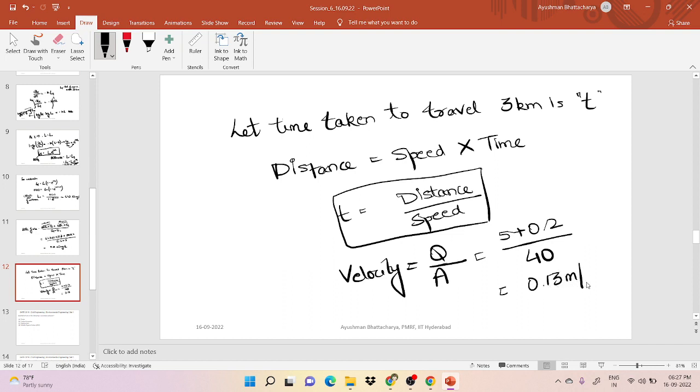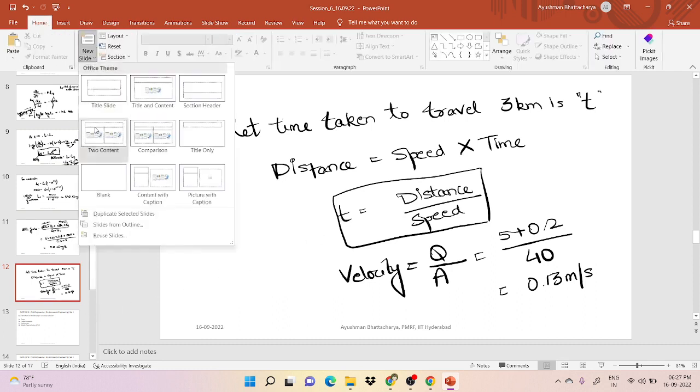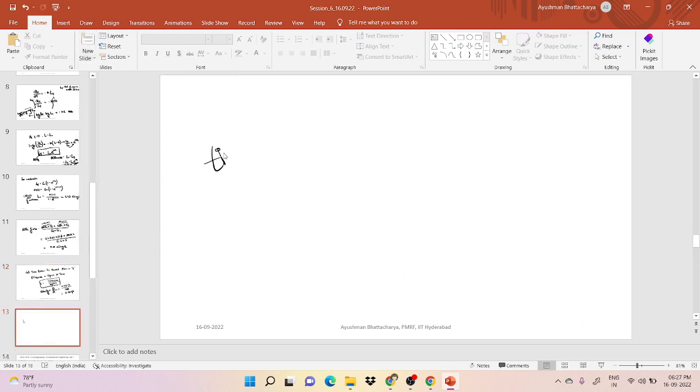So now we have the speed, we have the velocity. So for time we can calculate easily. Time is equal to distance upon velocity.